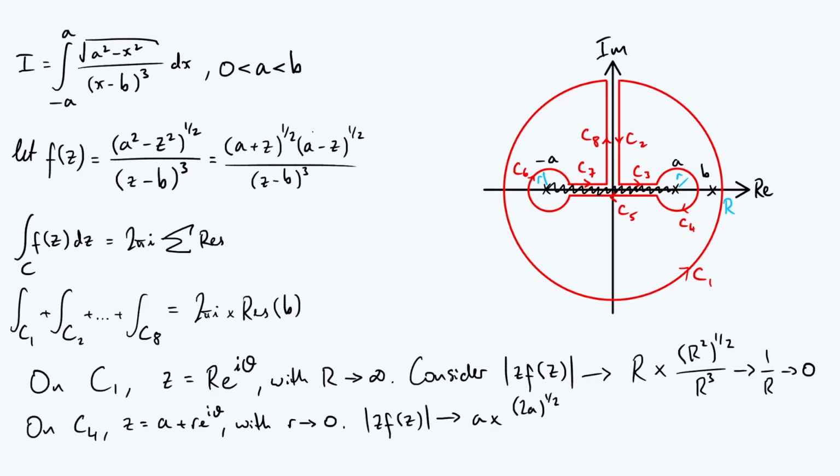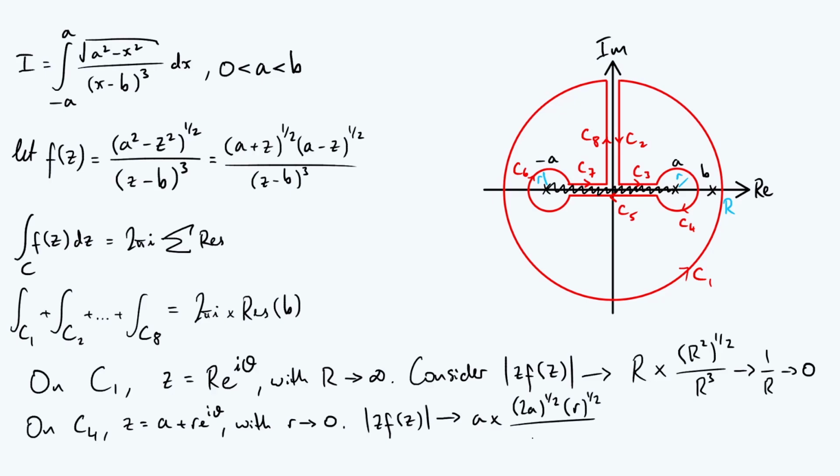What about the a minus z bit? Well, that's going to be a minus r e to the i theta. The a's cancel and you're going to end up with just minus r e to the minus i theta. And again, because we're taking the modulus, that is a complex number whose modulus is just r. So we get r to the power of a half.